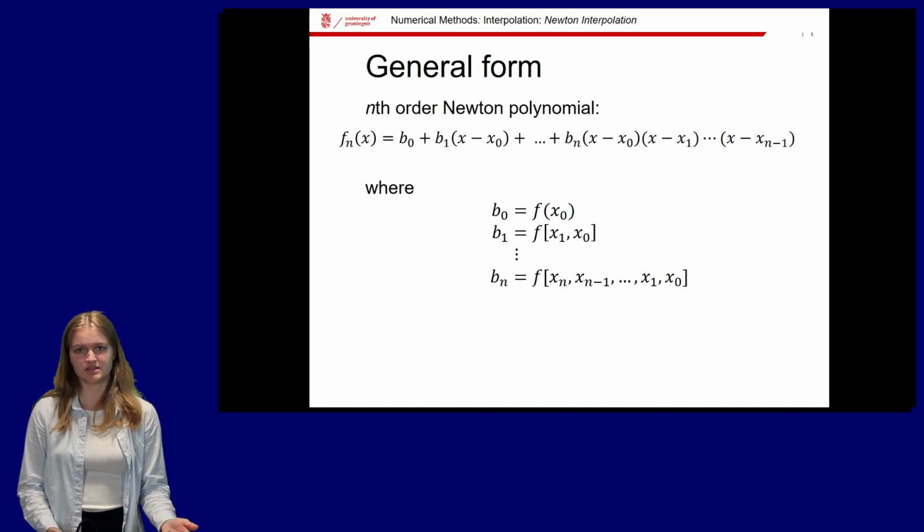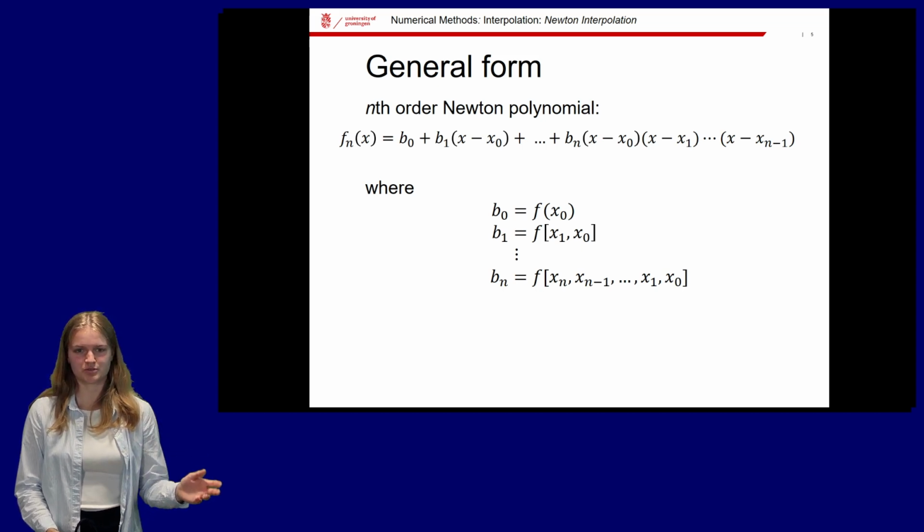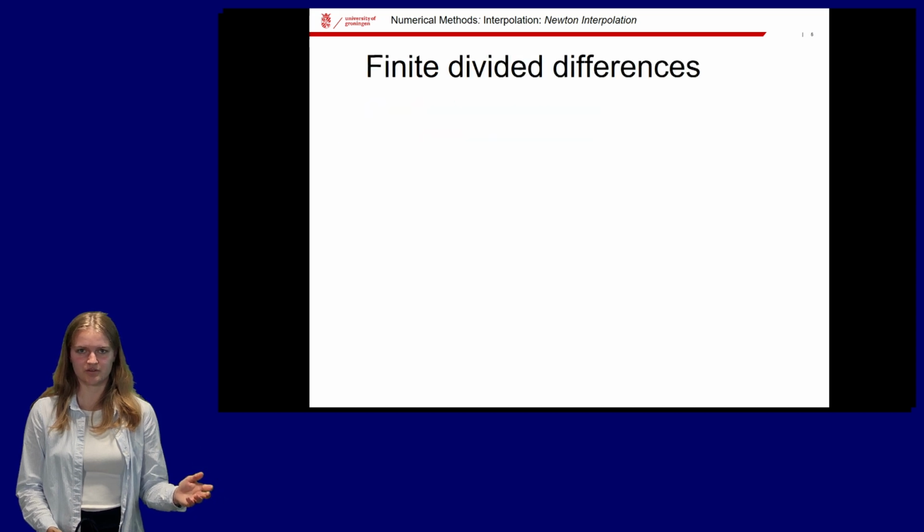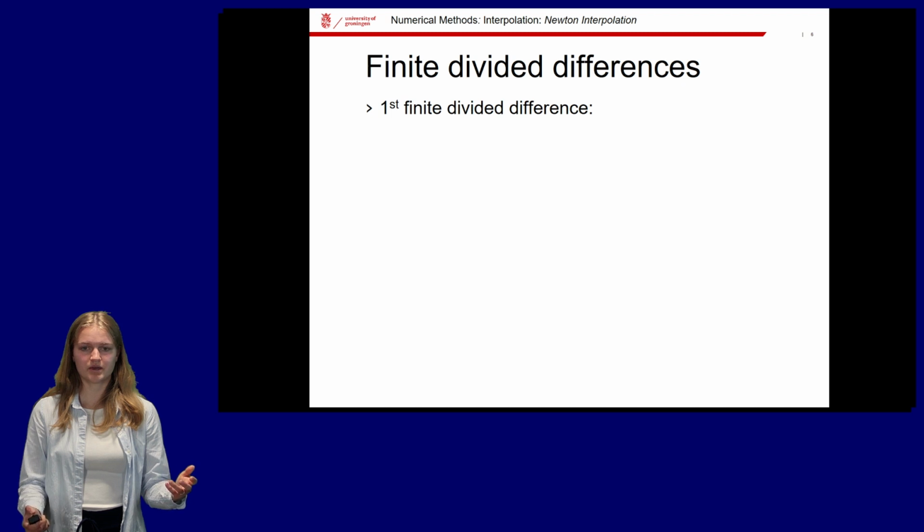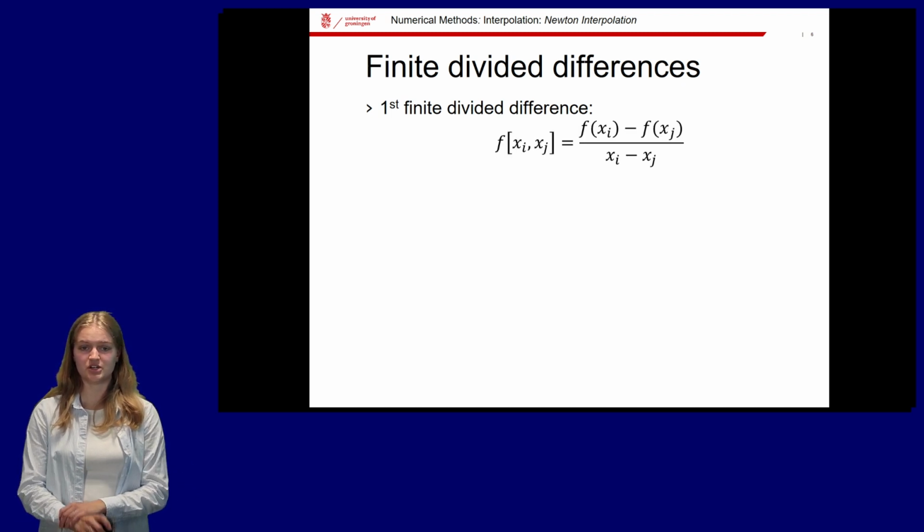So this means that for the second finite divided difference, you use the expressions for the first finite divided difference. They can be calculated with these formulas. So this is just the general expression for any first finite divided difference.